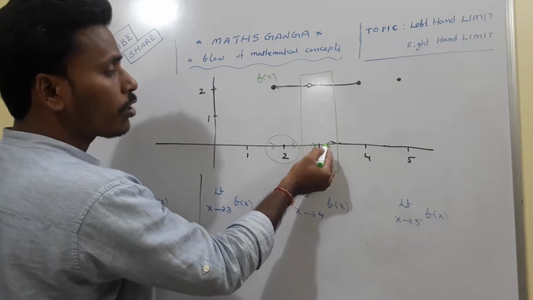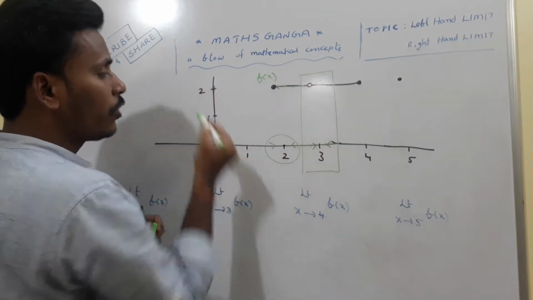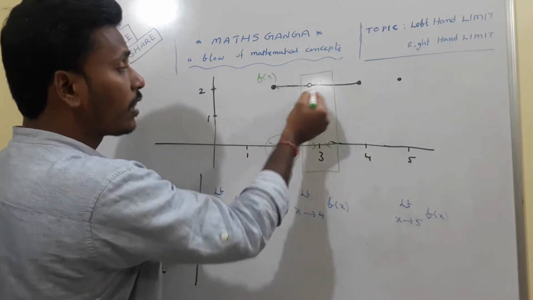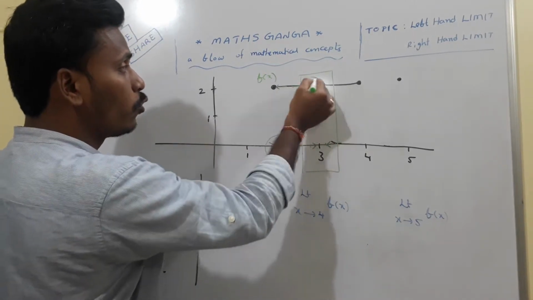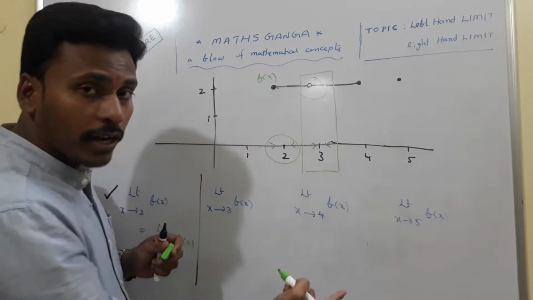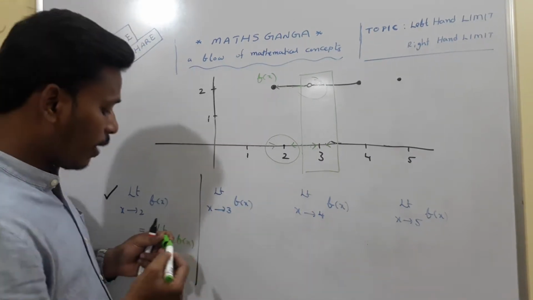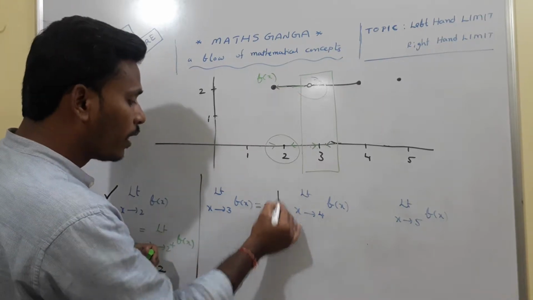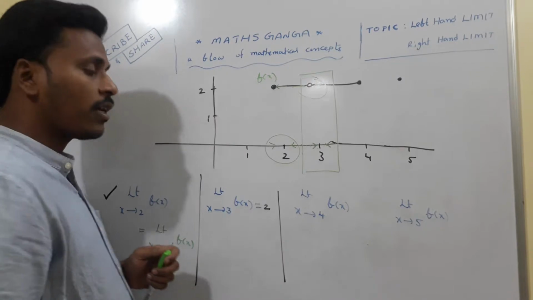For the values which are more than 3, again the functional value is 2. So for the left side region as well as the right side region, the functional values are 2. So the left hand limit exists and it is 2. Right hand limit also exists and it is 2. So limit x tends to 3 f of x is directly equal to 2. Here both LHL and RHL exist.